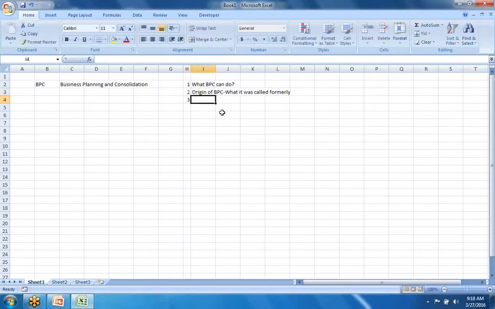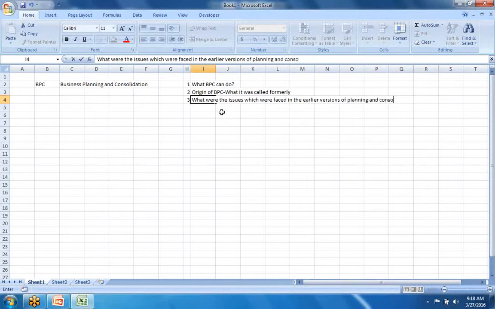Then we will look into the issues which were faced in the earlier versions of the planning and consolidation solution from SAP.